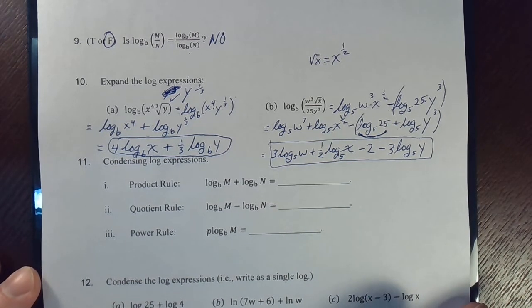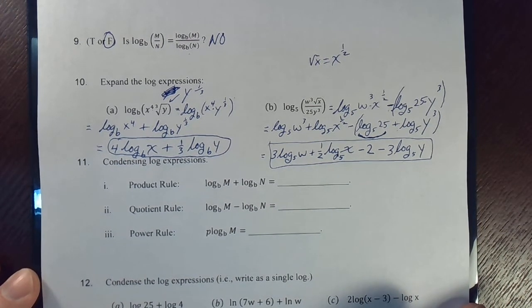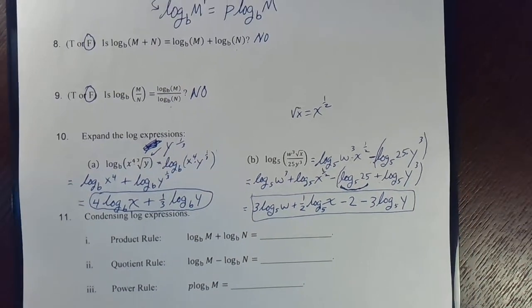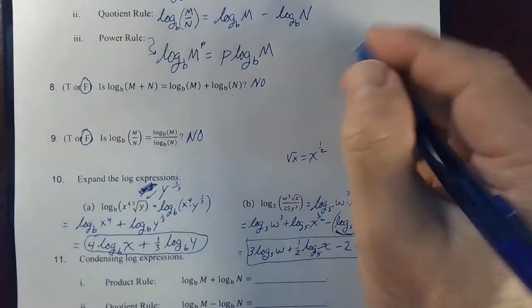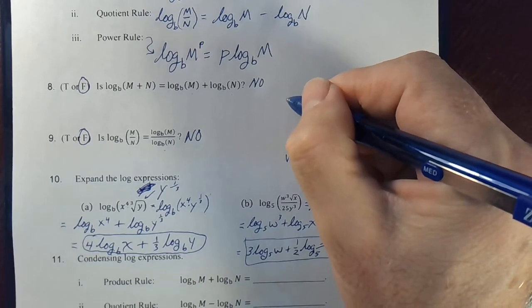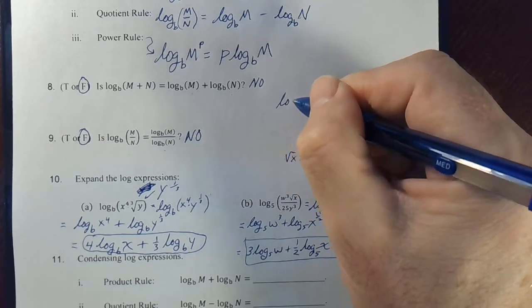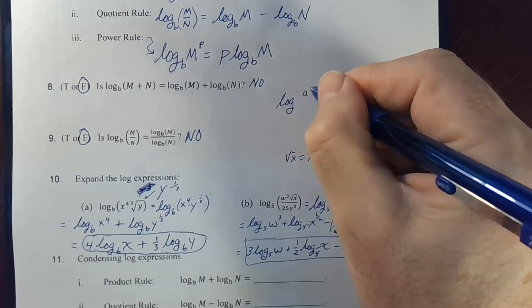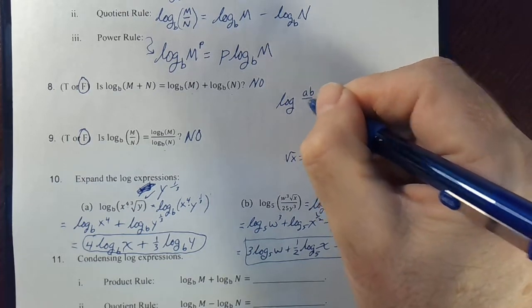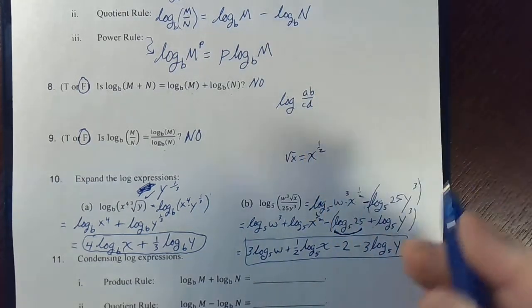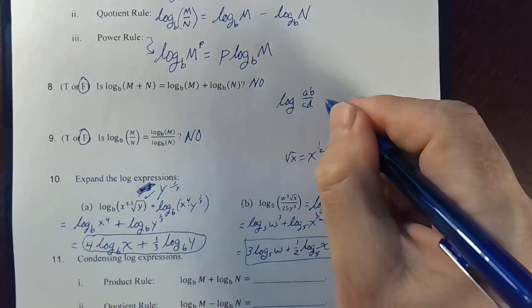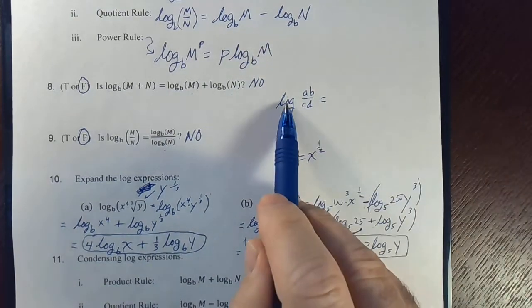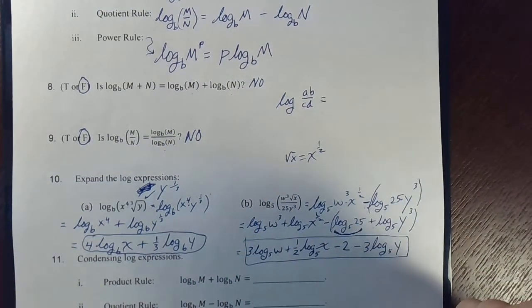And before we review that, I want to show you a quick way of making sure you understand this. Log of AB over CD. You'll discover after you do a few more of these problems.